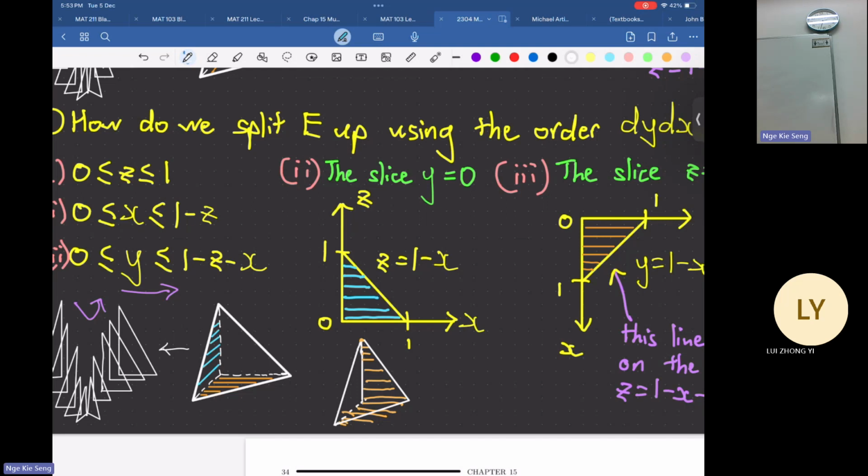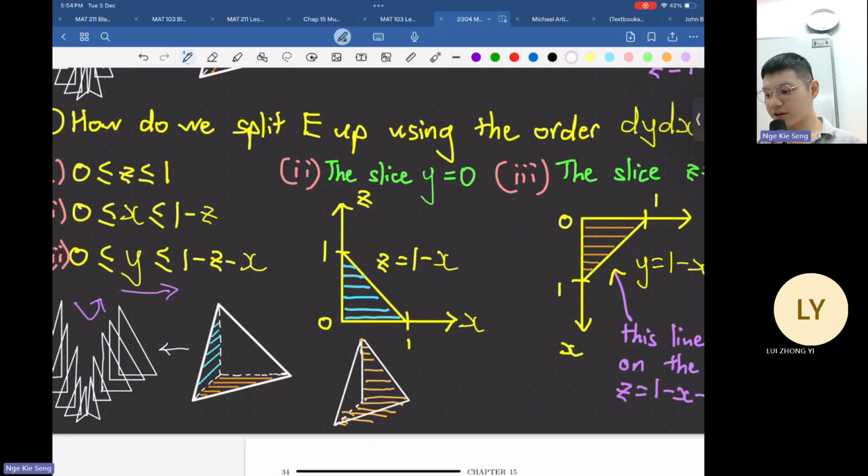Please go back and try different directions, and then see if you can draw it differently or not. These triangles. For this chapter, the integration domain is more important than the integration itself. If you get the wrong integration domain, then your answer will never be correct.